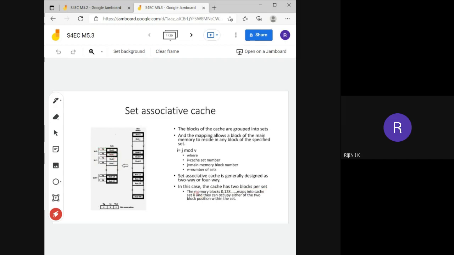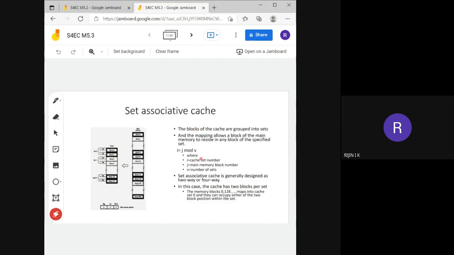That is, memory blocks 0, 128, etc. map to cache set 0. They can occupy either of the 2 block positions within that set. So that is set associative cache.